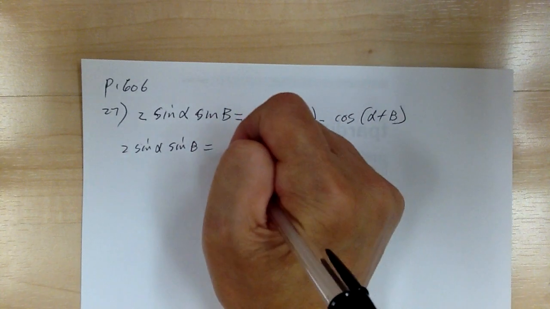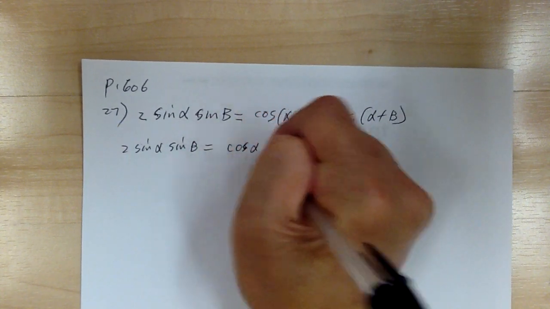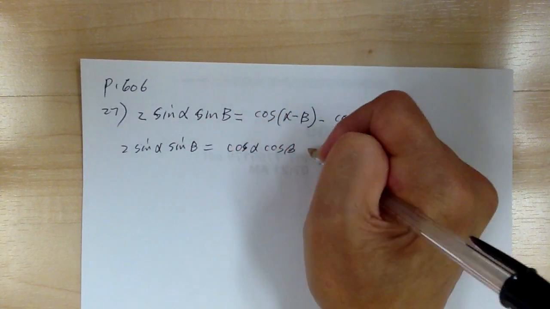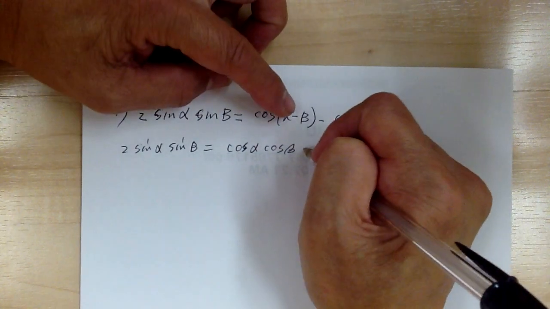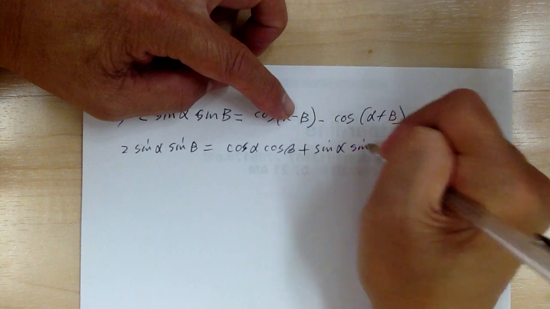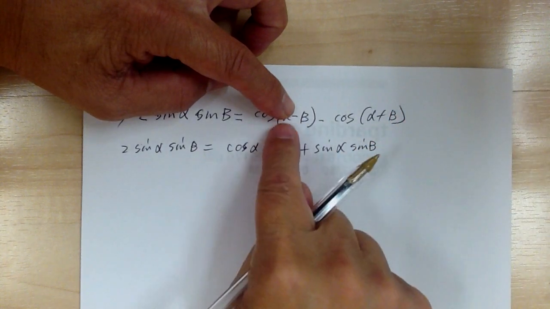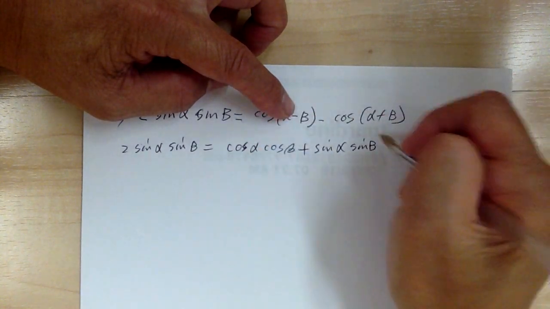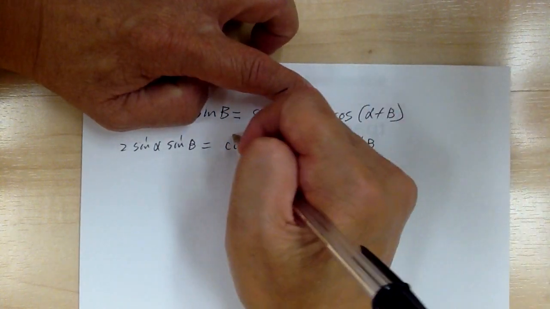So when I expand that, I get cosine alpha cosine beta plus sine alpha sine beta. So this whole thing is the first one. Now you have to be careful because it's a minus. So I'm going to put parentheses.